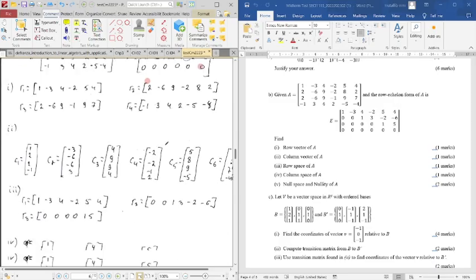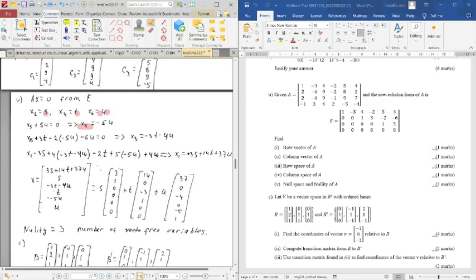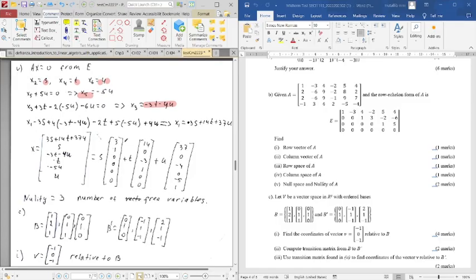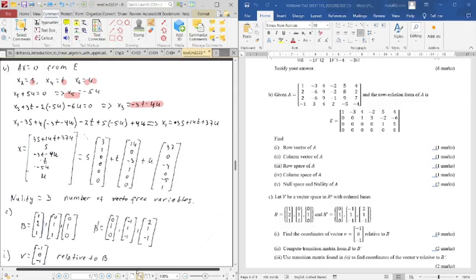So you can see here for x3, it's x3 plus 3t minus 2 times our x5 minus 6u. We can find x3 is equal to negative 3t minus 4u. And for x1, it will be equal to 3s plus 14t plus 37u.